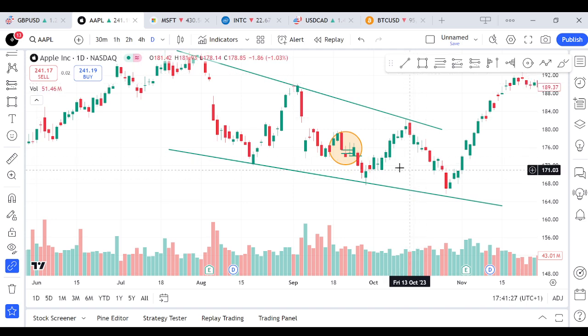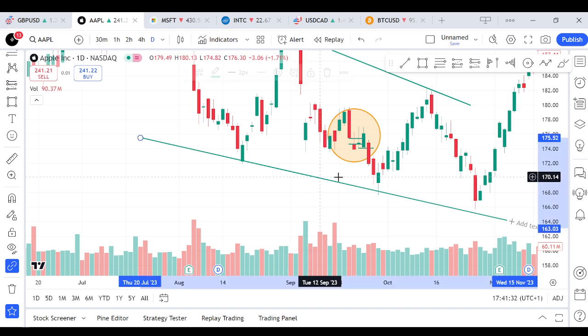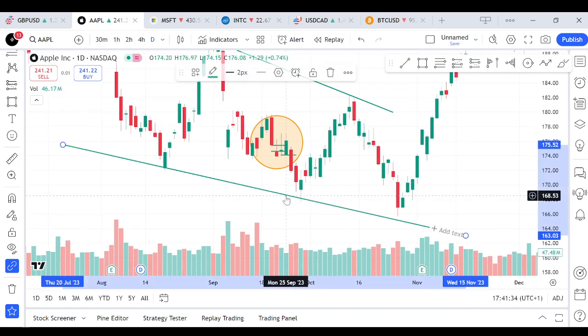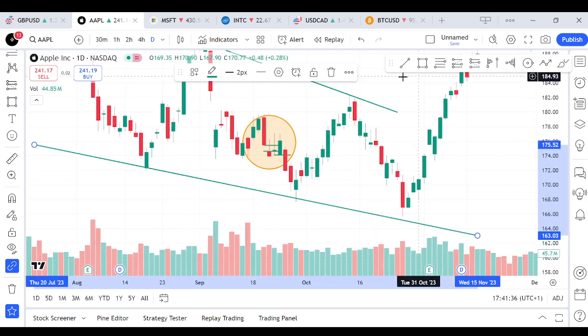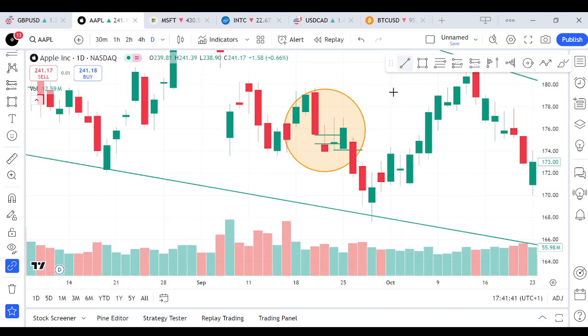So it was wise to be looking for short trades into this trend line support right here. We had the downside Tasuki candlestick pattern, and we had the close below the third candle, which happened right here.